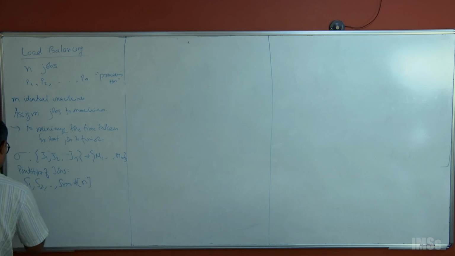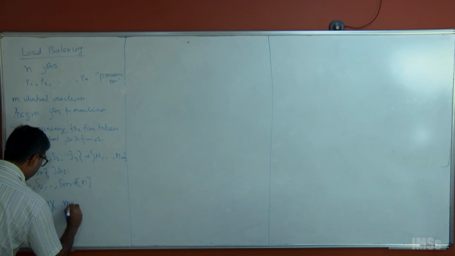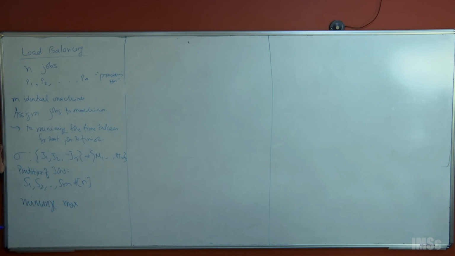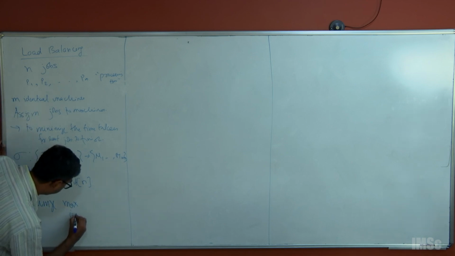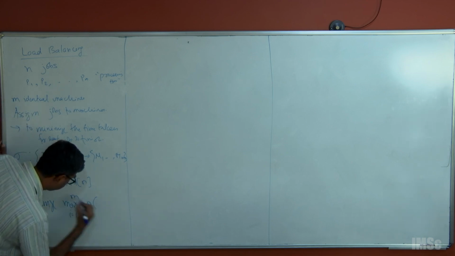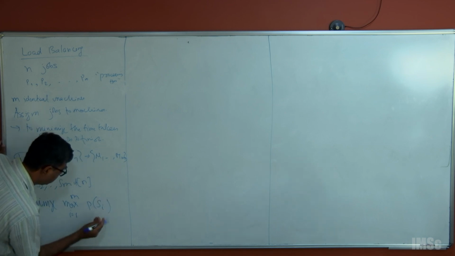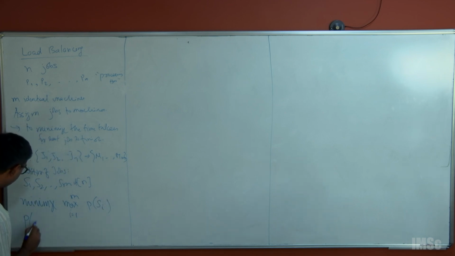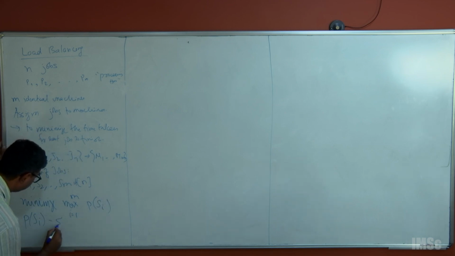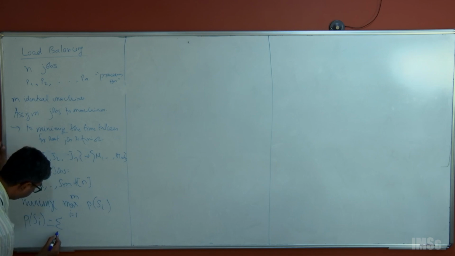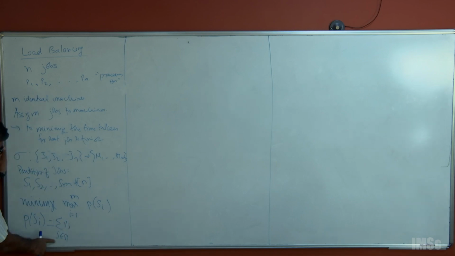My goal is to minimize the maximum over i going from 1 to m of P of Si. And what is P of Si? It is nothing but the sum over j in Si of the processing time of j. If a job j is in Si, look at its processing time.